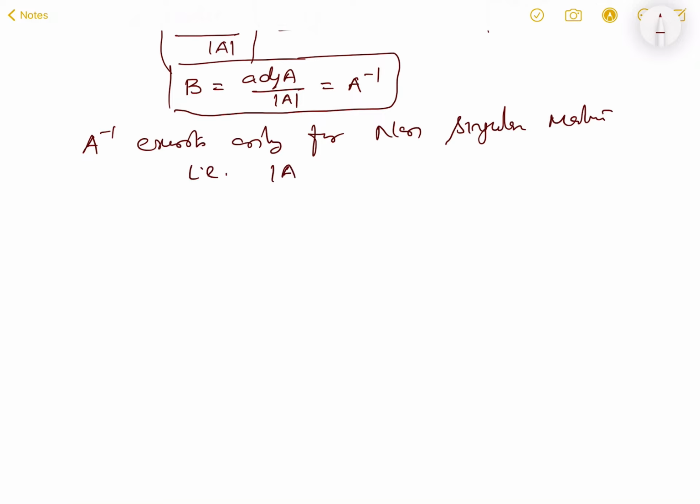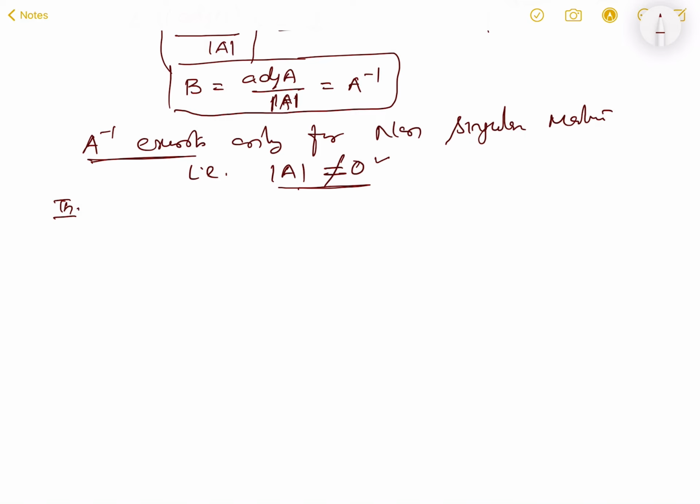That is determinant A is non-zero, because determinant A is in denominator, so it's a necessary condition. Determinant A is non-zero, so A inverse exists only when determinant A is non-zero, or in other way we can say that A be a non-singular matrix.